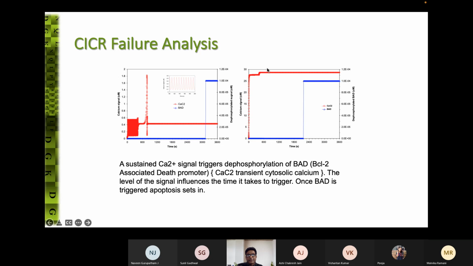If this changes, let's say by some repair mechanism, then this will not happen. Here also we are doing it artificially, sustaining it. In the cell, before this event triggers, some other event would take place which will reduce this calcium to the basal level that is acceptable in cells.